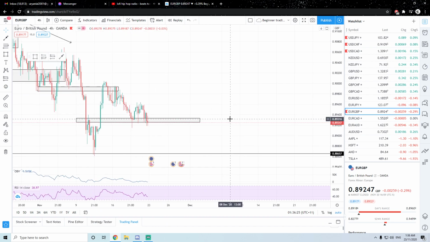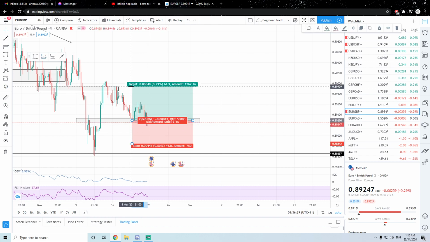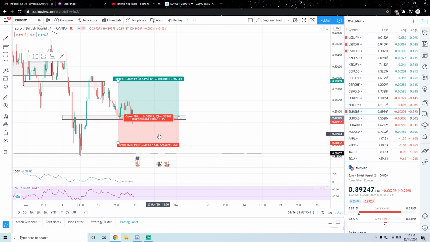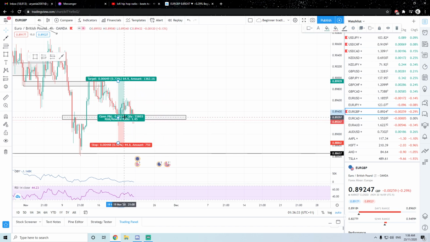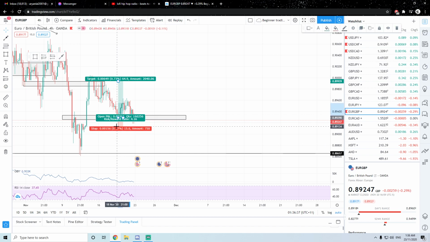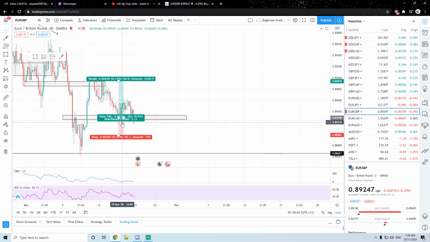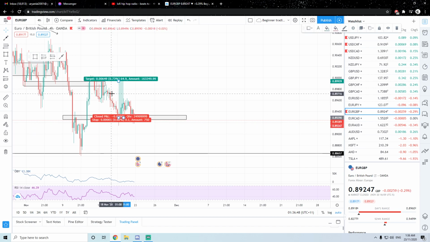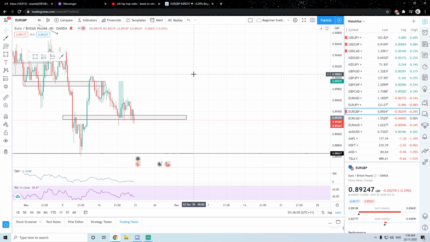But I did really want to enter at this point right here and then take it towards the upside. Obviously right now it is 4 pips negative, but let's say we close half the position here, we had our stop loss at around here, 30 pips. We can see that this would have been like 2%, close half the trade, move stop loss to 0, it would have stopped there in the next hour.